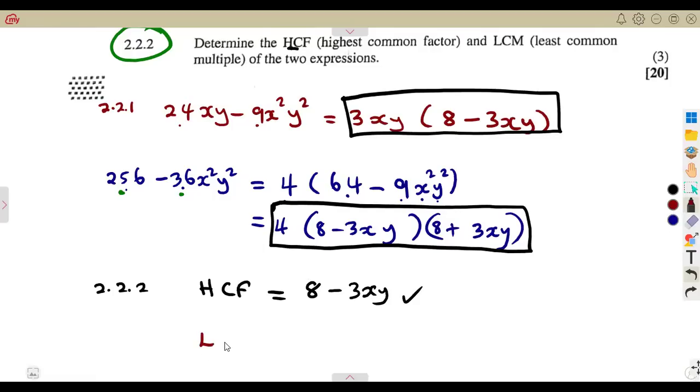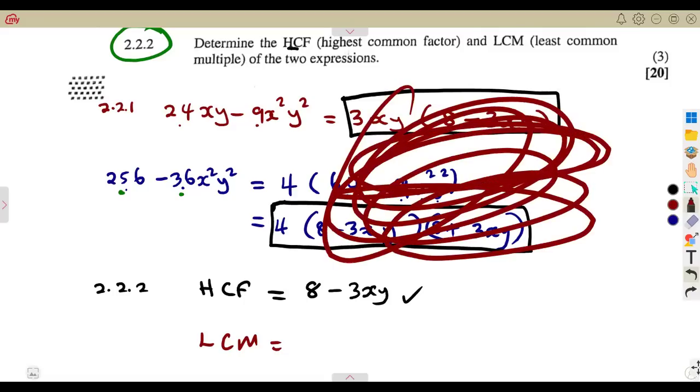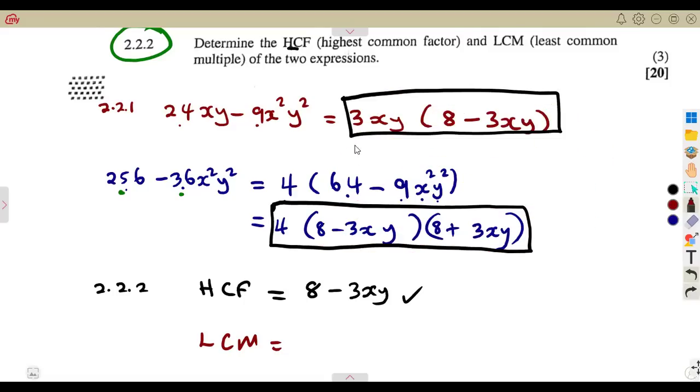Then the least common multiple, the LCM. I said you take everything that you see, everything. So outside the brackets, we've got 3 and 4. Let's multiply 3 times 4, everything as it is: 3 times 4, xy, the bracket of 8 minus 3xy as it is common here, so we're just going to write it once.